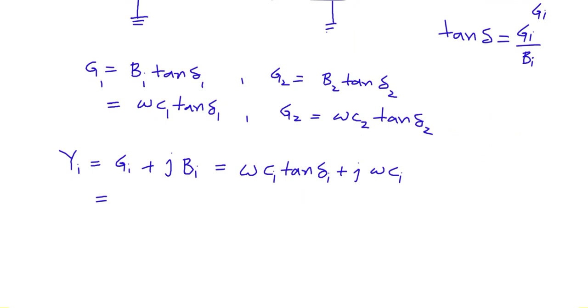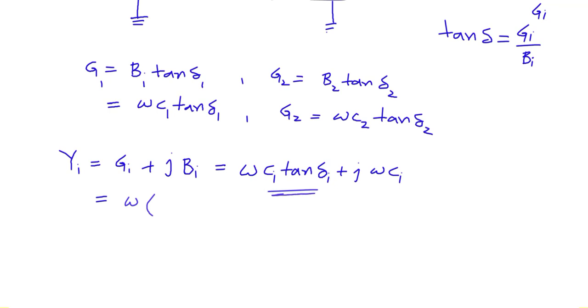Here G_i will be equal to omega C_i tangent delta_i plus j omega, where the susceptance will be omega C_i.